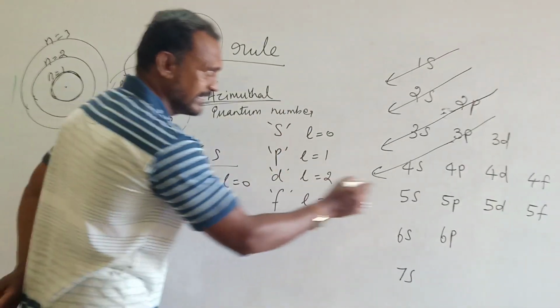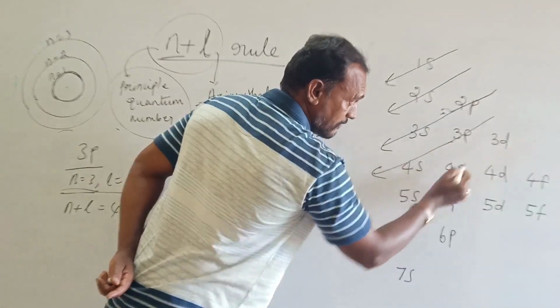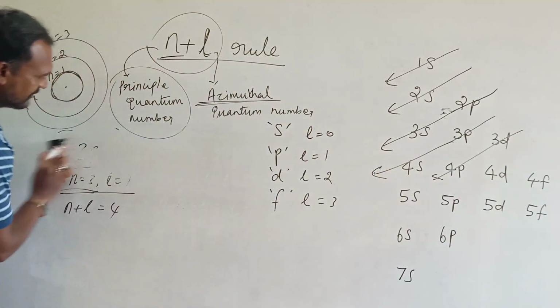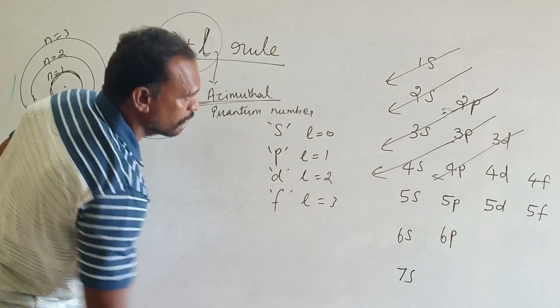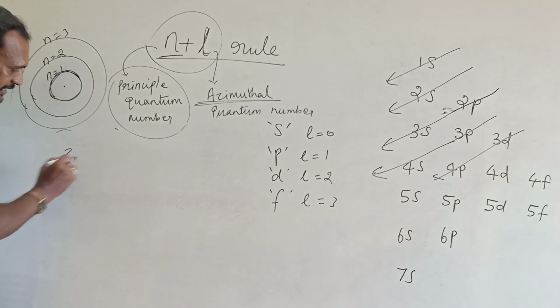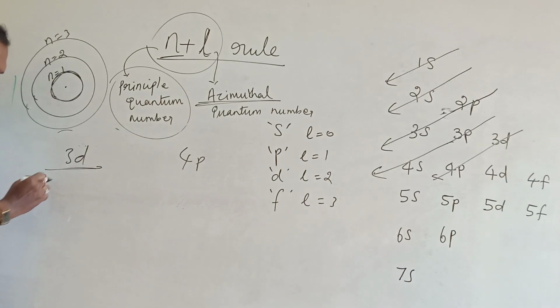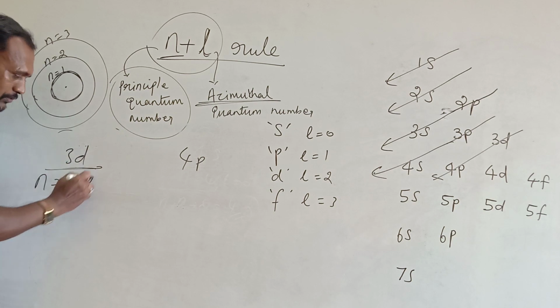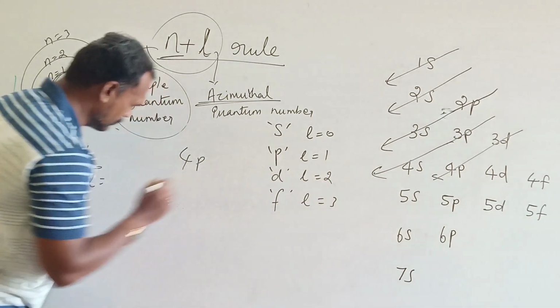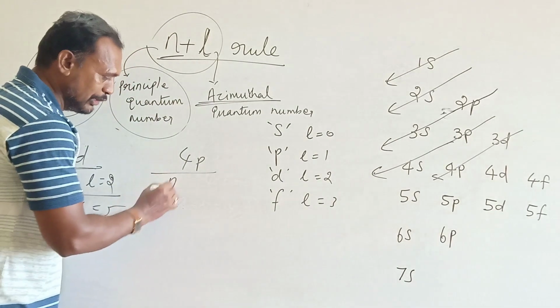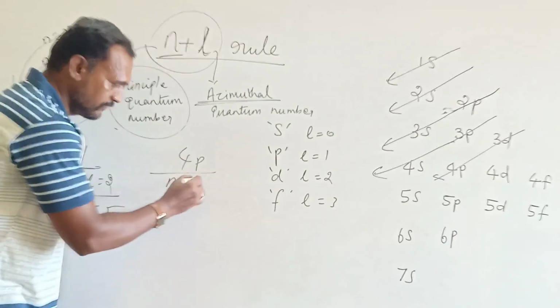Okay, then 3d and 4p. Find the n plus l value for 3d and 4p. For 3d, n value 3. For d, l value 2. So n plus l value 5. For 4p, n value 4.